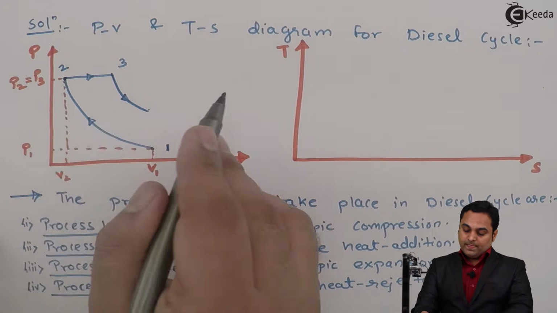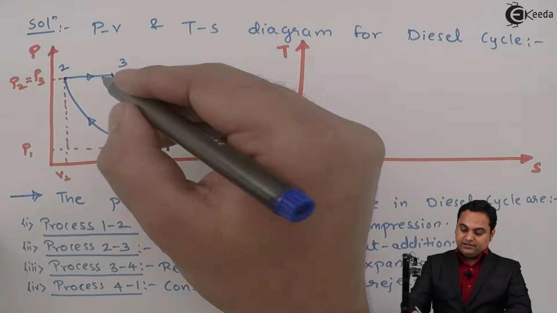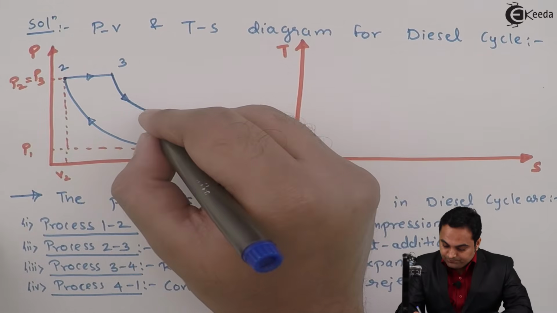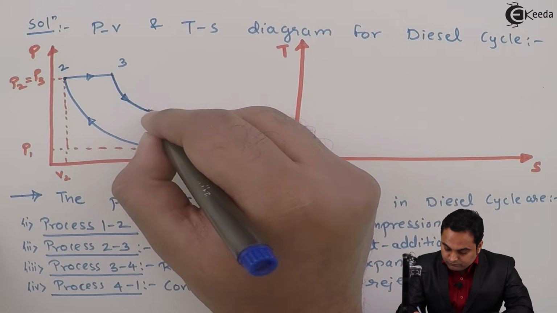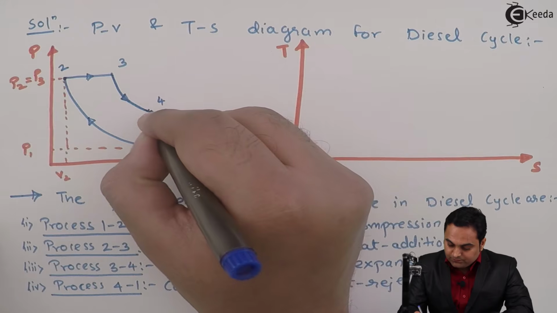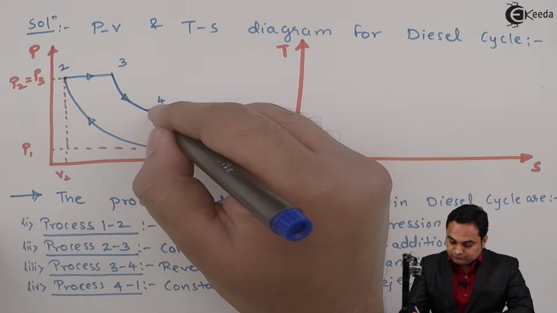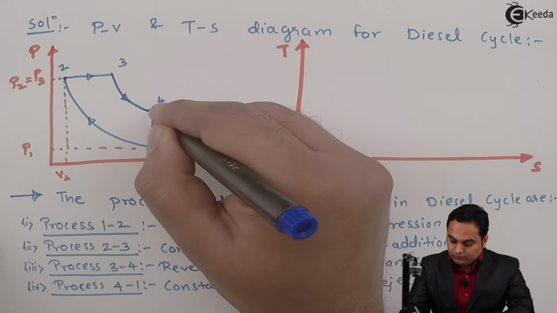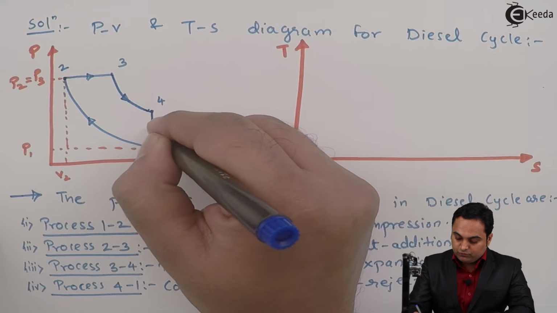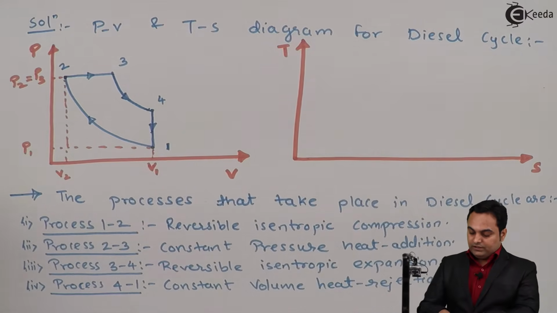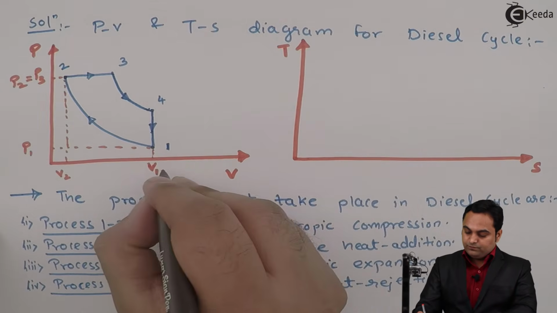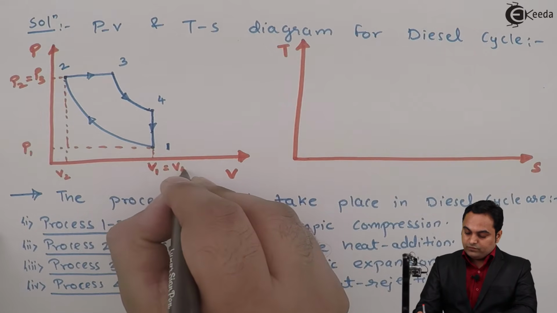During expansion, the volume increases and the process is 3 to 4, which is reversible isentropic expansion. Next, process 4 to 1 is constant volume heat rejection. So the volume remains constant from 4 to 1, that is V1 is equal to V4.